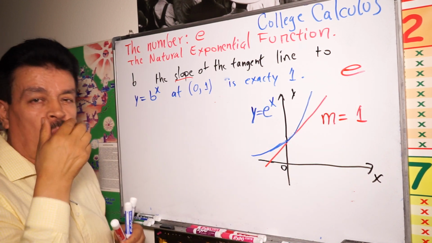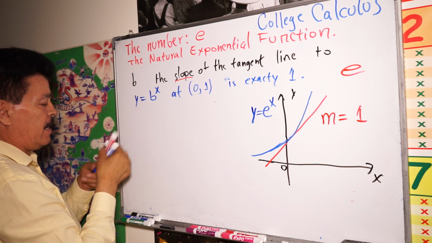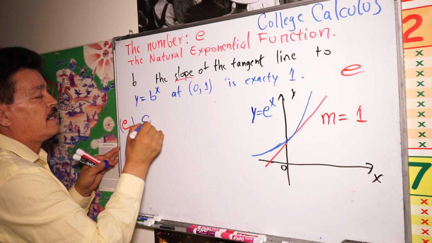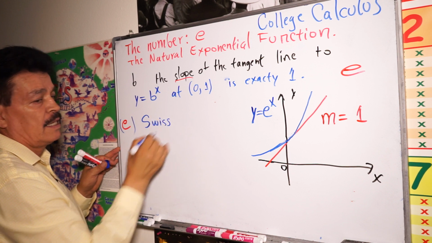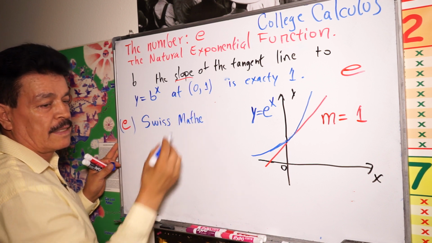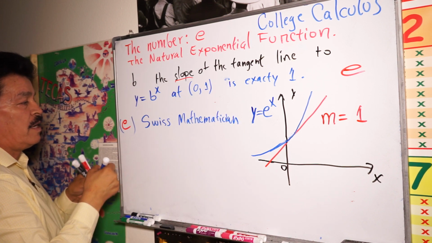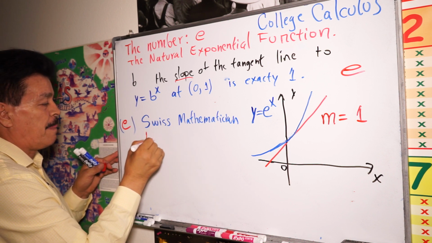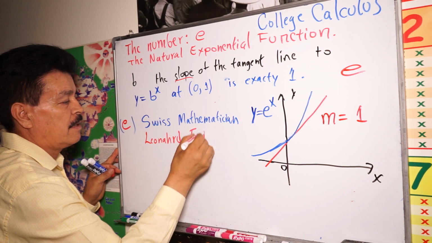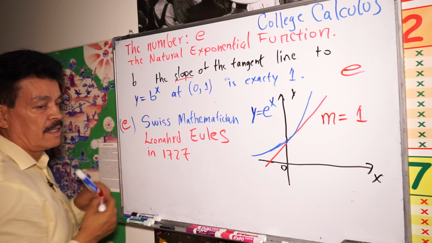This notation was chosen by the mathematician Leonardo Euler in 1727.